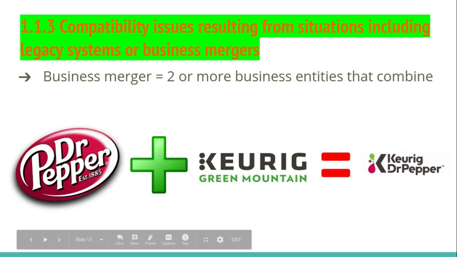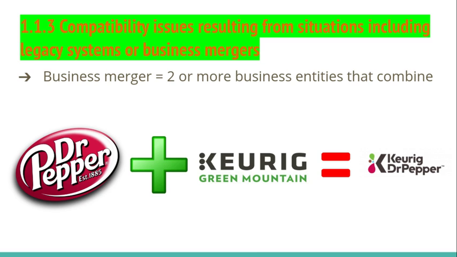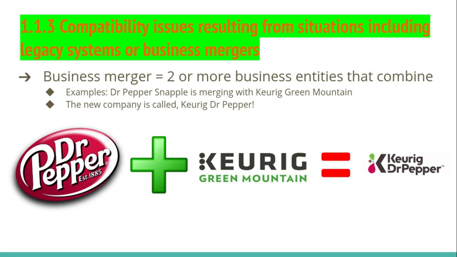The businesses are sort of similar. They make foods, drinks. But for whatever reason they combined, they merged, and businesses do that for different reasons. The main one, we're going to talk about that later, is cost. Okay, so again, Dr. Pepper, Snapple was the first entity, merged with Keurig Green Mountain, and now it's Keurig Dr. Pepper.